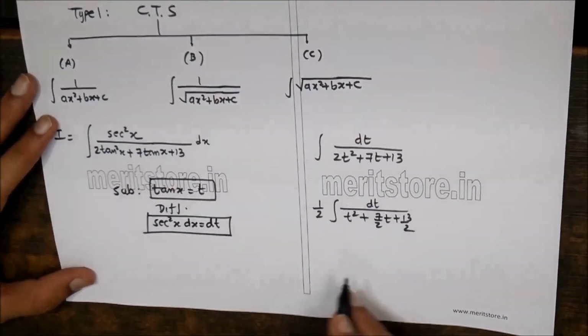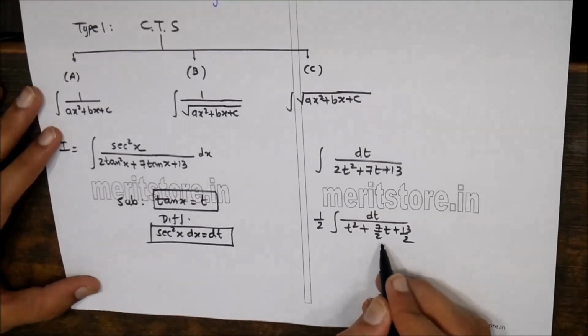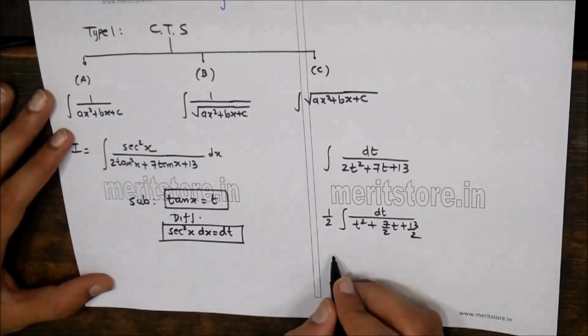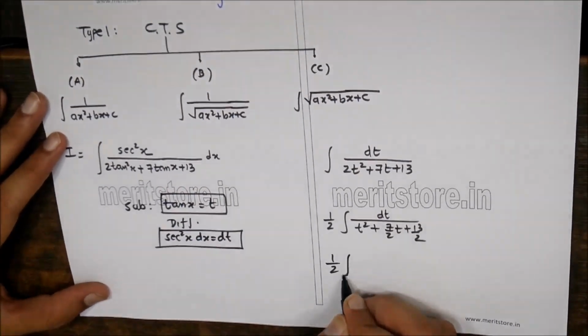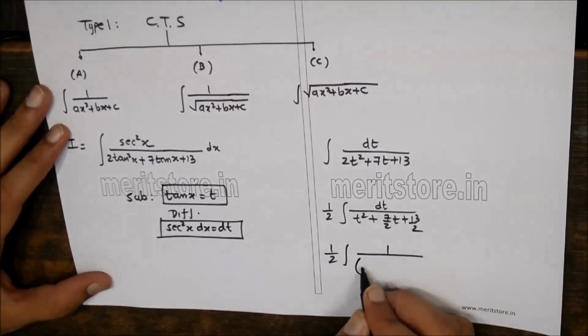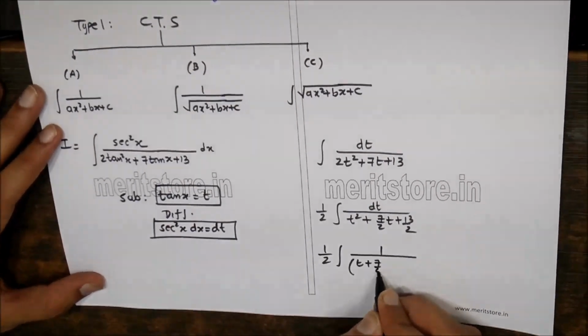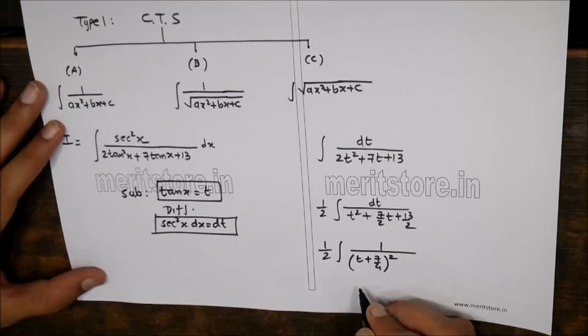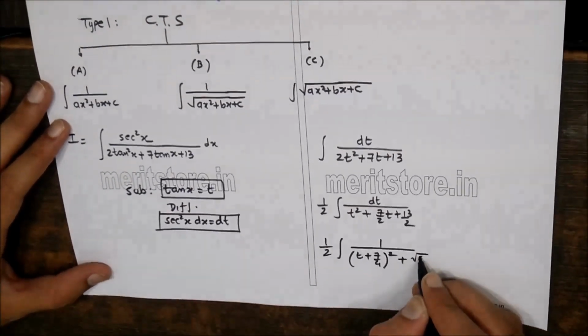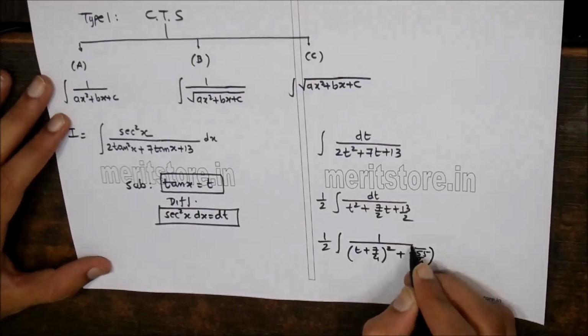Now, completing the square, the reason being we take half of the middle term and add the square of that, and on simplifying we'll get the step as integral of 1 upon t plus 7 upon 4 the whole square plus root of 55 upon 4 the whole square.